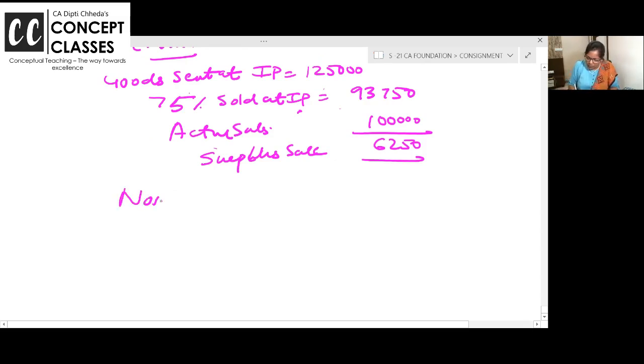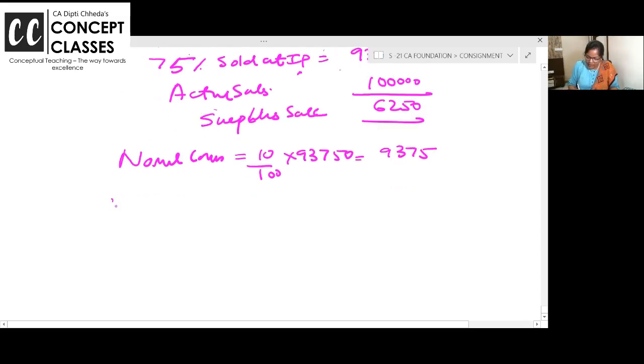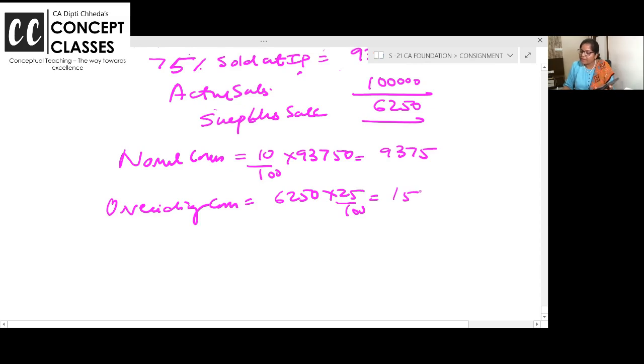Now, normal commission is 10% on normal selling price, 9,375. And overriding commission is always paid on surplus: 6,250 into 25%, which is 1,563.